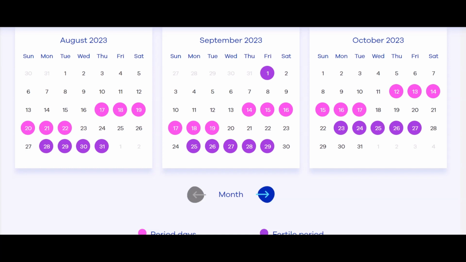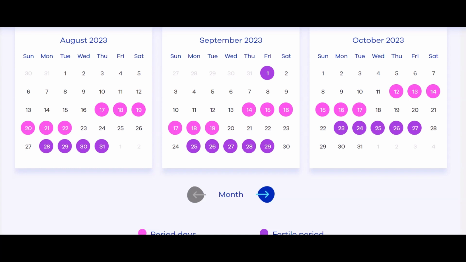And on average, the fertile period or the fertile window is a period of 6 days. So 5 days before ovulation and the day of ovulation itself. Okay, but for this particular calendar, it makes use of 3 days before ovulation, the day of ovulation itself, and the day after ovulation.